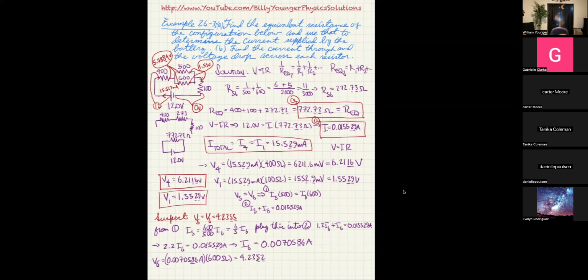So not only is it right, but it's right to 1 extra digit beyond the significant digits. So I now have I6, and I now have V6.